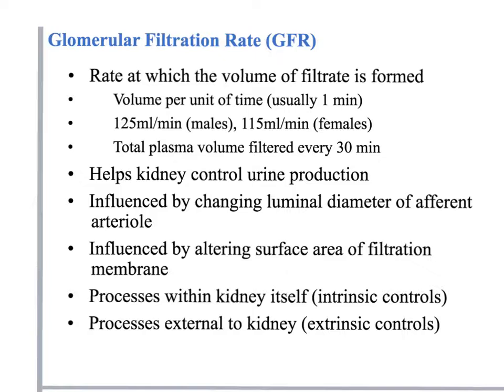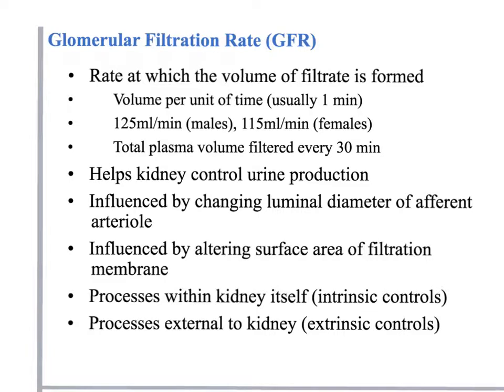This is a measurement of how much filtrate is produced. Roughly, it's 125 mils per minute in men, 115 mils per minute in females. If you calculate it out, you can figure out that your total plasma is filtered every 30 minutes.